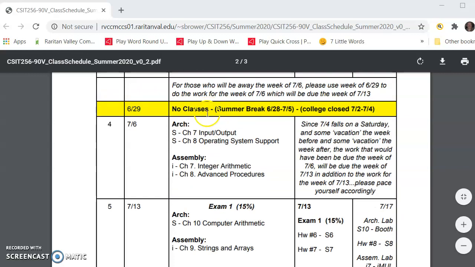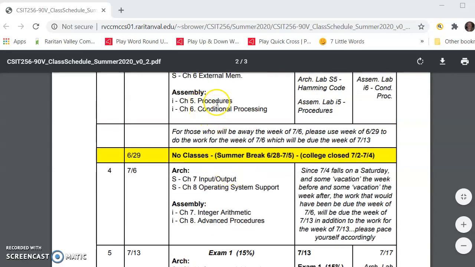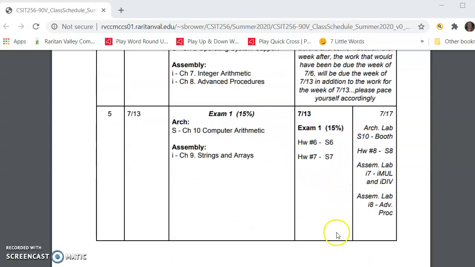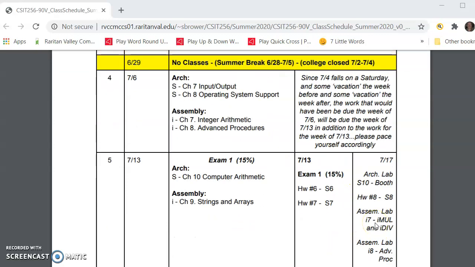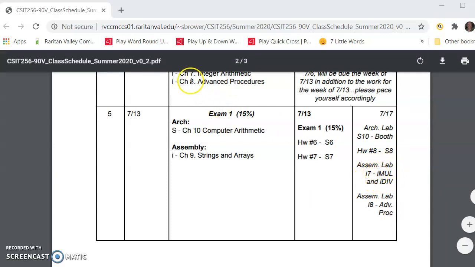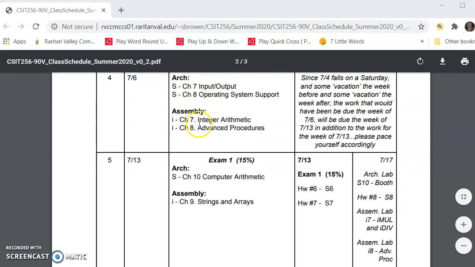Hopefully you already saw the warning when looking at both the overview for week 3 and week 4. And hopefully you're not screaming right now saying, oh my God. I hope not. But if we take a step back and look at a couple things: the assembly lab for Irvine chapter 7 essentially was the prior week.